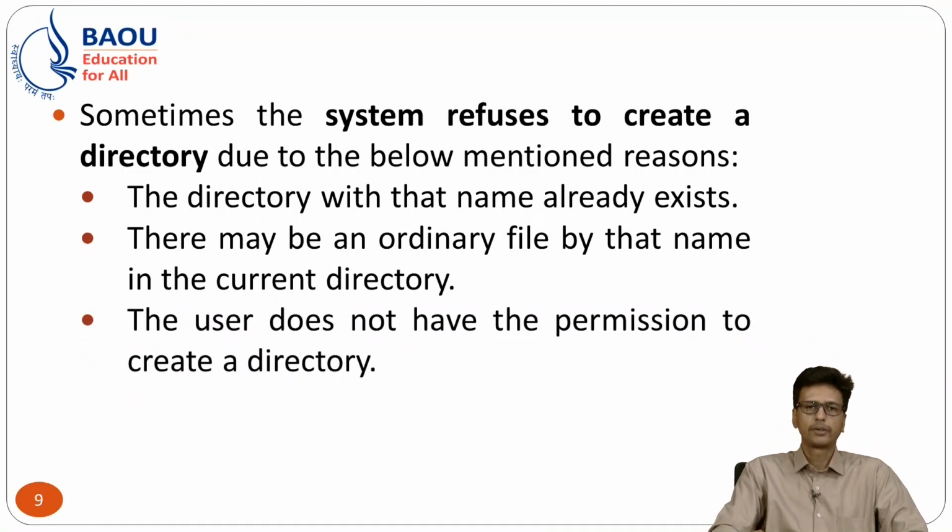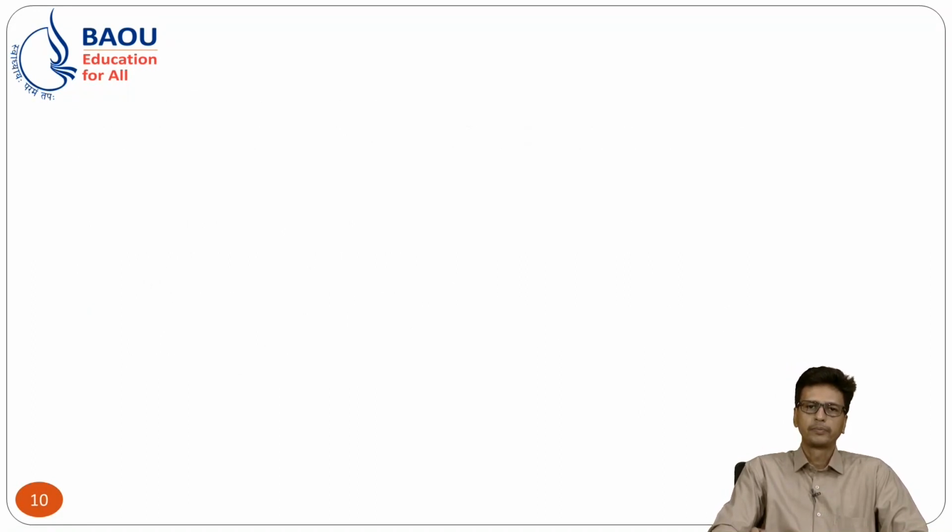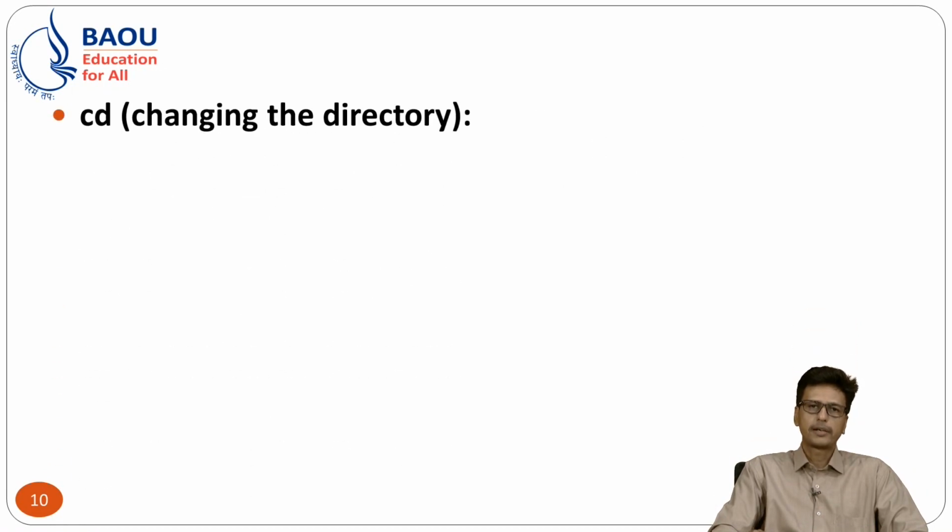And the third scenario, if you do not have sufficient permissions, as we have already discussed, each and every user has specific permissions to create or modify a file or directory. If you do not have the permission or access rights, you cannot create that directory. So these are the 3 scenarios in which you cannot create a directory, right? So this is all about mkdir.